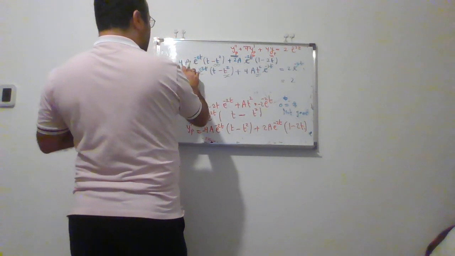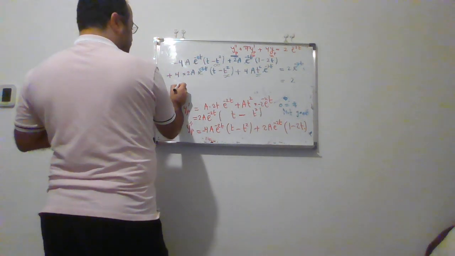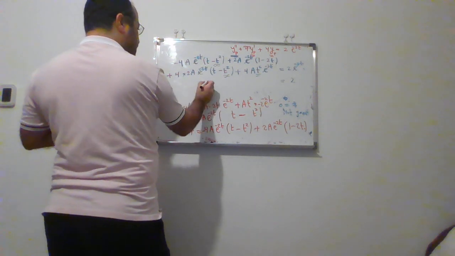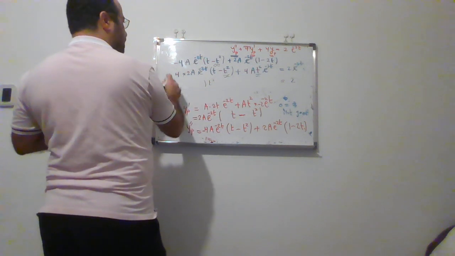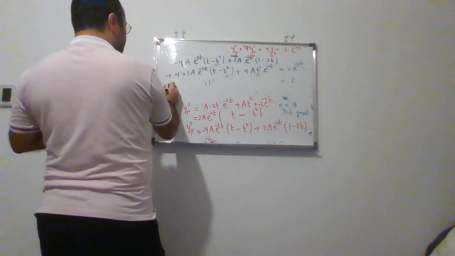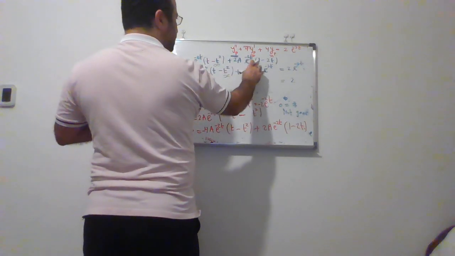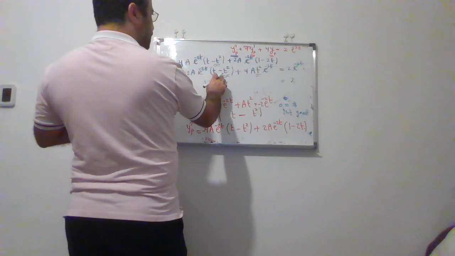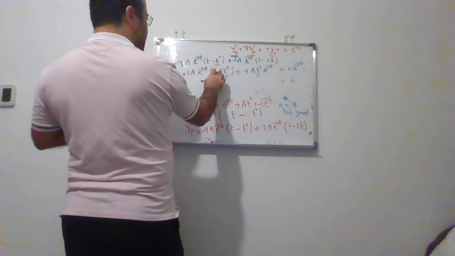Then I'm going to have all together here 4a. So I'm taking t squared here, and there is a coefficient for t squared. I'm getting here 4a from the first one, and I'm getting from the third term here 8a.